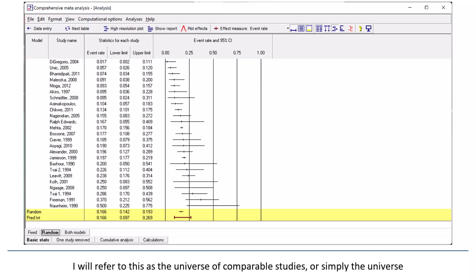I'll refer to this as the universe of comparable studies, or simply the universe. We assume that our 25 studies are a random sample from that universe, and therefore we can use these studies to make an inference to that universe.